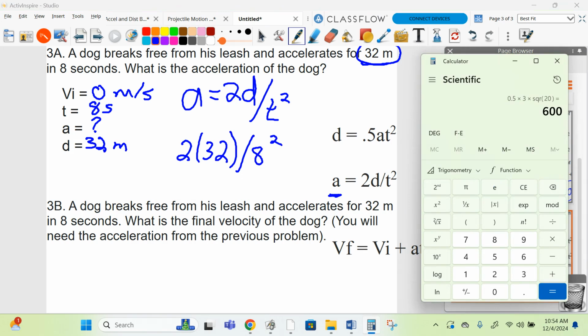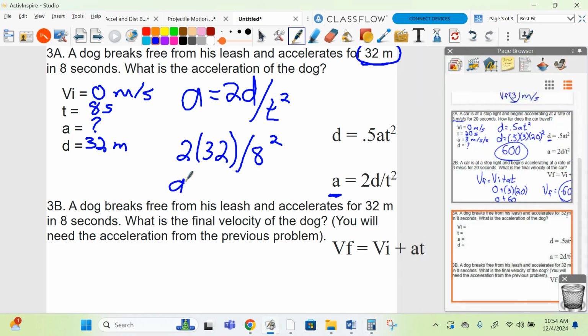As I get ready to plug this in my calculator, 2 times 32 divided by 8, I want to make sure I press the square button because I only want to square the 8. I don't want to square the entire thing. And my acceleration is 1 meter per second squared. Again, only entering the numerical value.